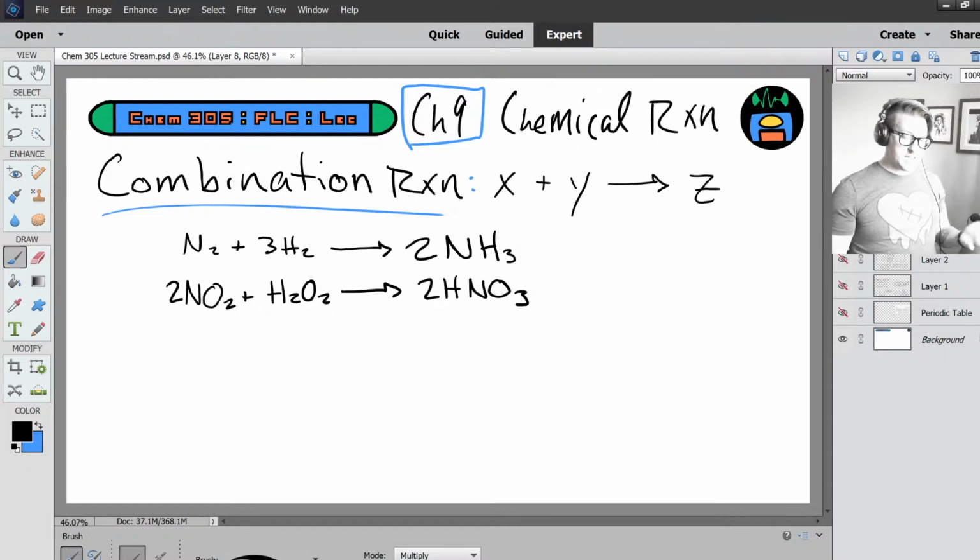This is also a combination reaction. We're taking two molecules, combining NO2 and H2O2 together to make a new molecule. So they could be elements like nitrogen and hydrogen, they could be molecules, but a combination reaction is two things reacting together to make a new thing.